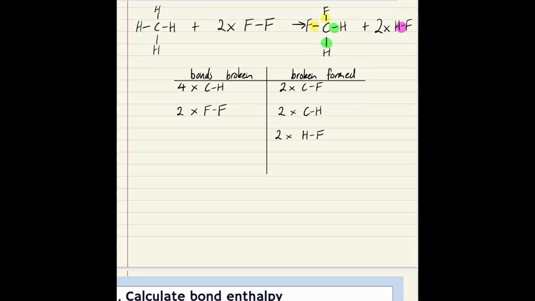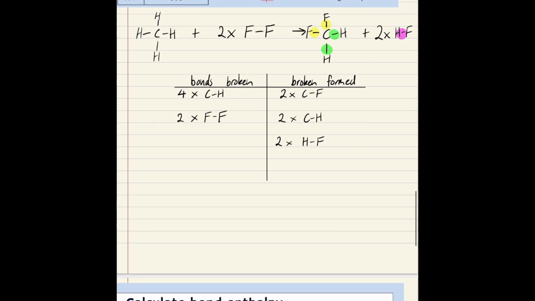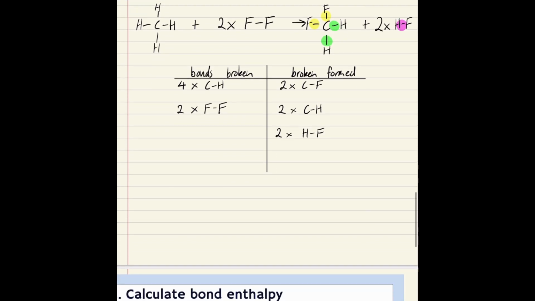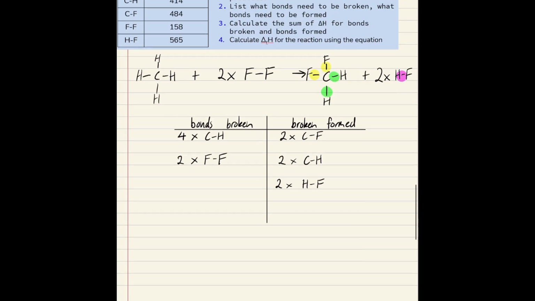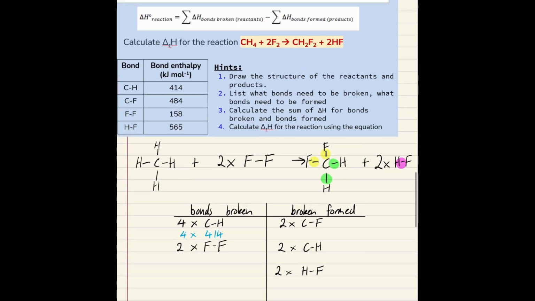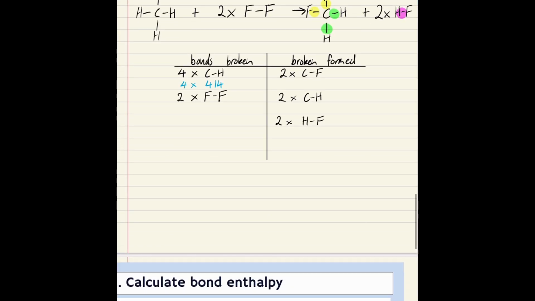The next thing I'm going to do is put the values in. The C to H bond is 414 kilojoules per mole, so 4 times 414. And then over here, I've got 2 times 414.